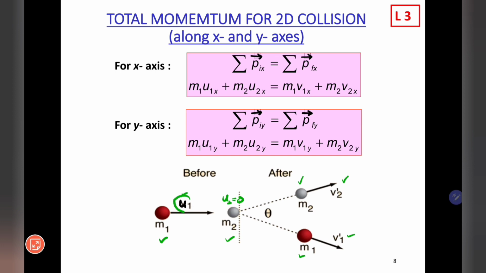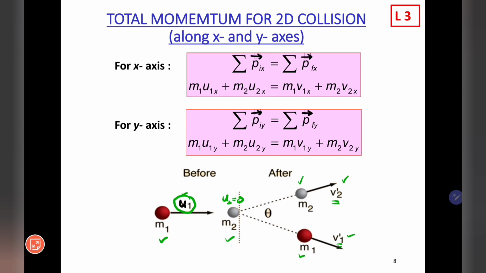U1 is really on the x-axis, isn't it? So we don't have to resolve it. But according to V1 and V2, seems like we are talking about the combination of two different axes, which is x and y.